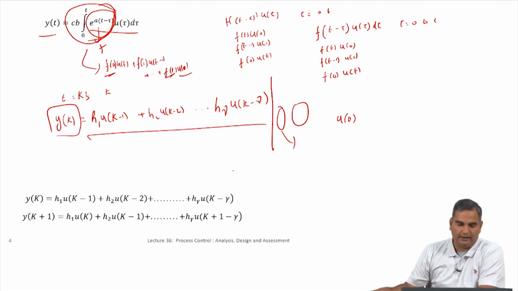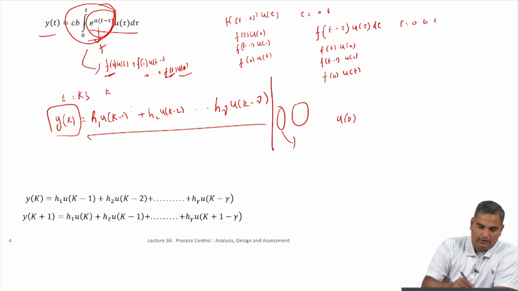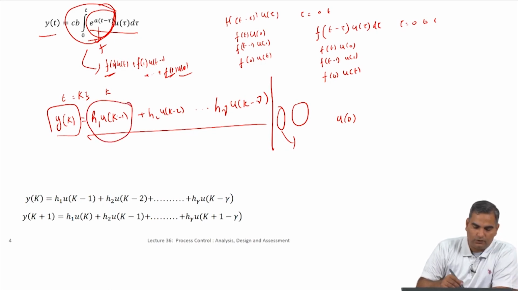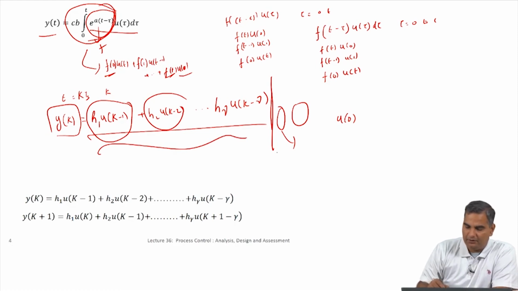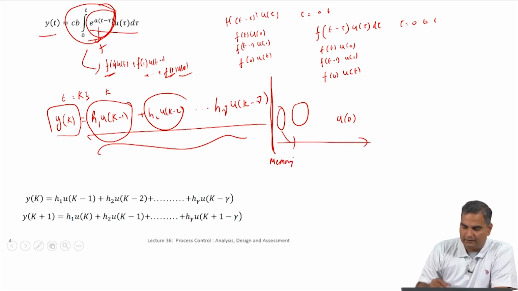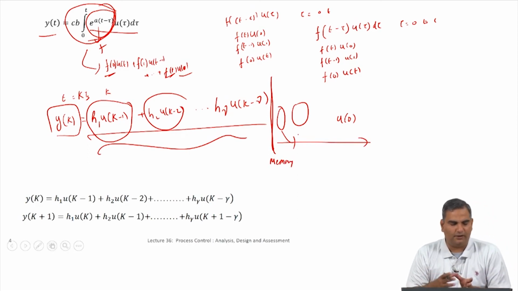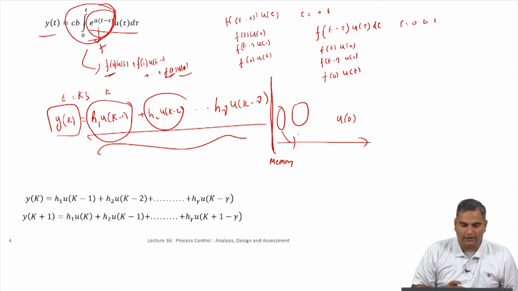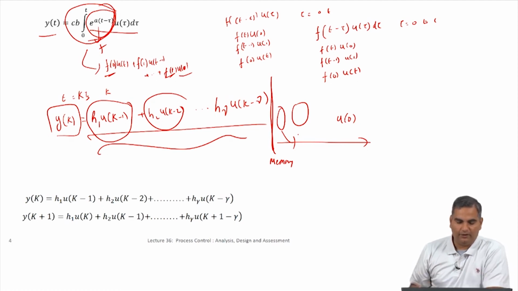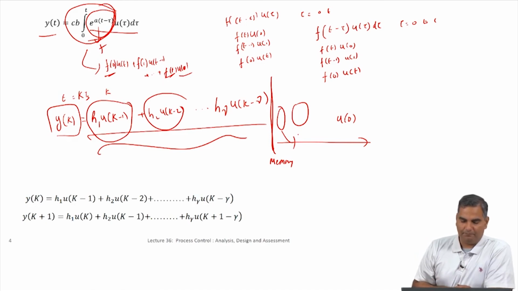So, this is the effect of each of the individual moves, and the addition is the combined effect, and beyond this I am cutting off because of memory. Okay. Beyond this there is no need to worry, because those have such small effect that when you are looking at yk, it is enough to look at these.